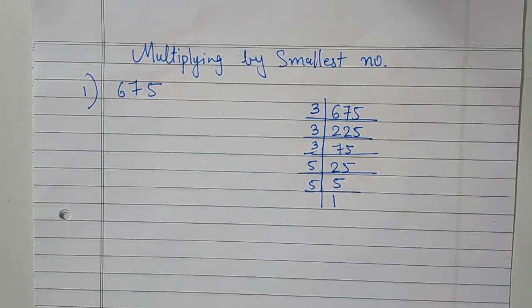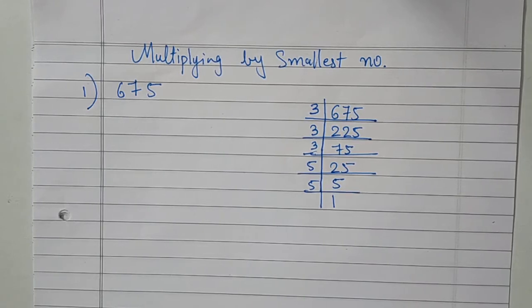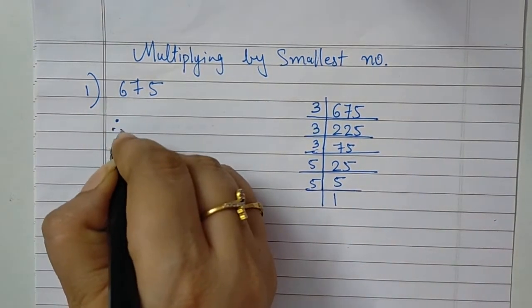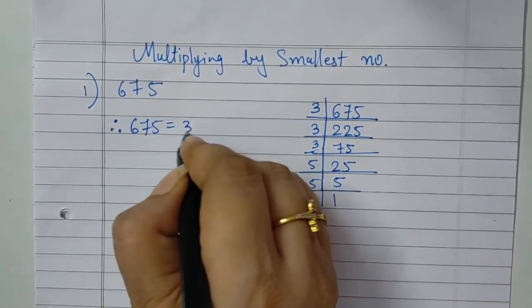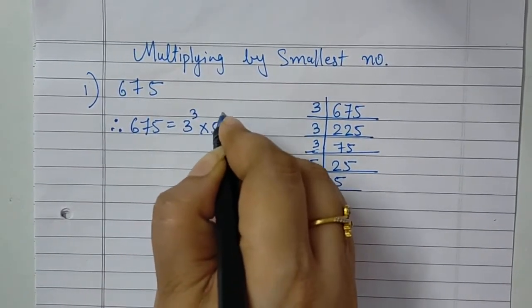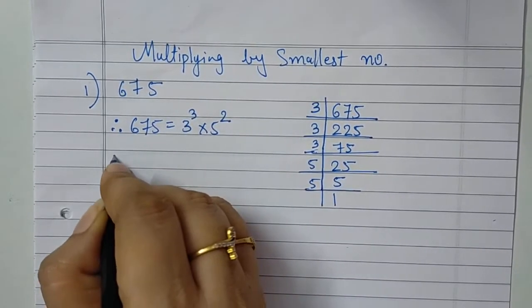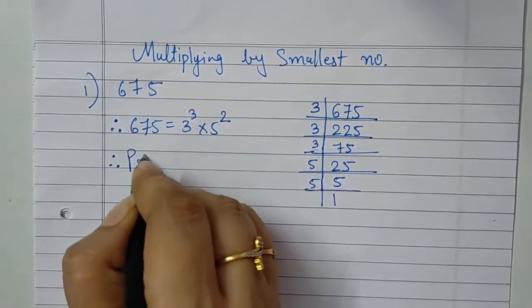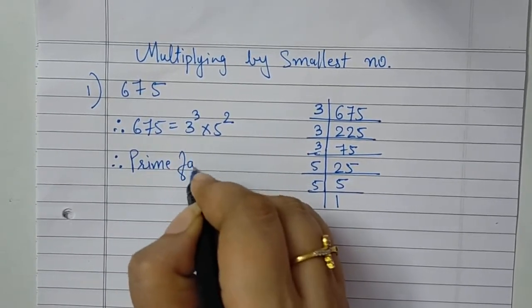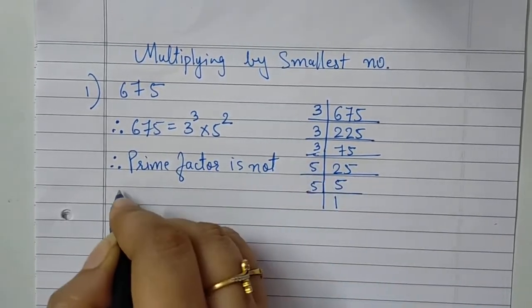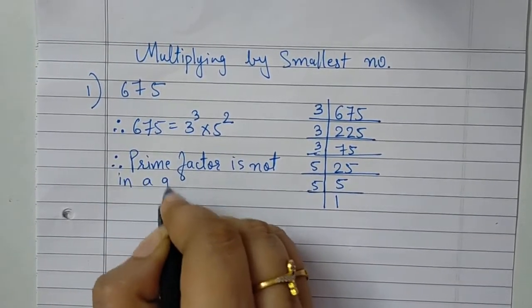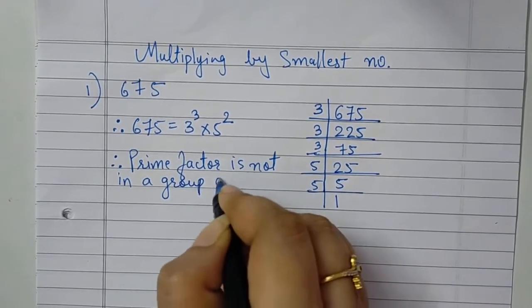So we have to multiply 675 by 5 to get 5 into a group of triplets. So here we have to write, therefore 675 is equal to 3 cube multiplied by 5 square. Right? Therefore prime factor 5 is not in a group of triplet.